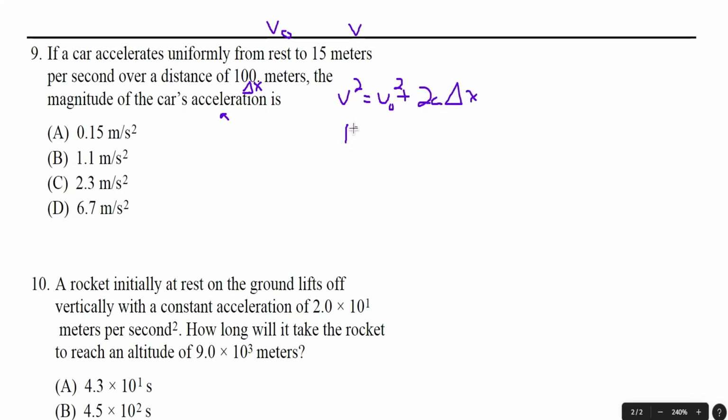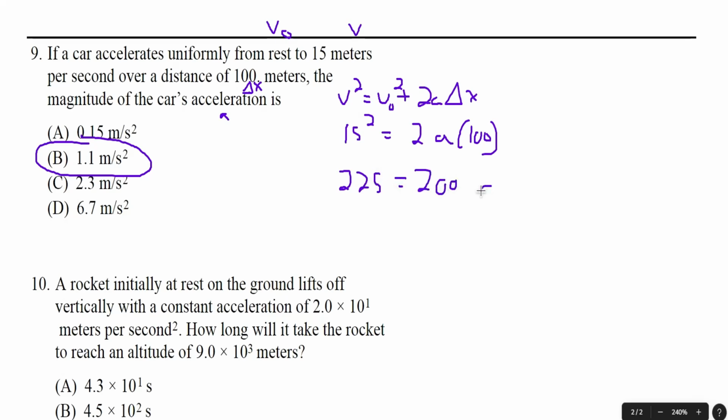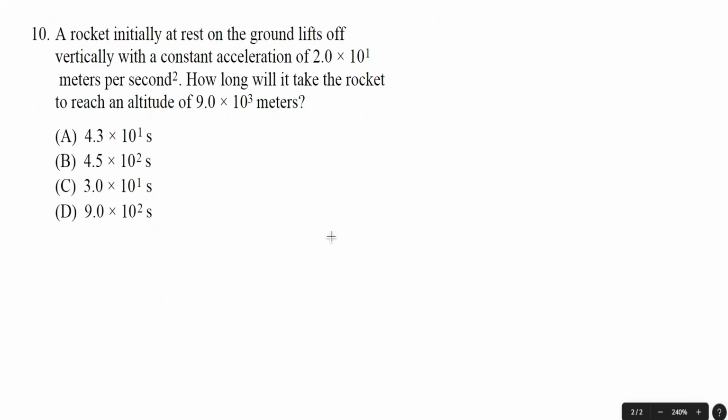We have 15 squared, 0 squared, 2a times 100. So we're going to plug that into our calculator, solve, move some things around, and you should end up getting 1.1 as your final answer. When you go do this, this should be 225 equals 200a. Right. And the last question, pause the video, work it yourself, and we'll go over it in a second.